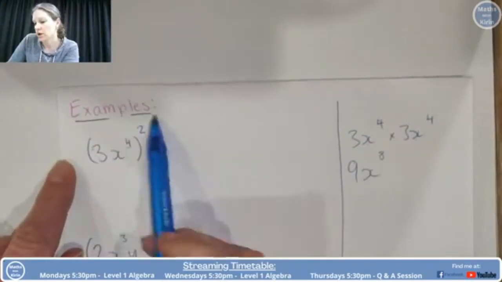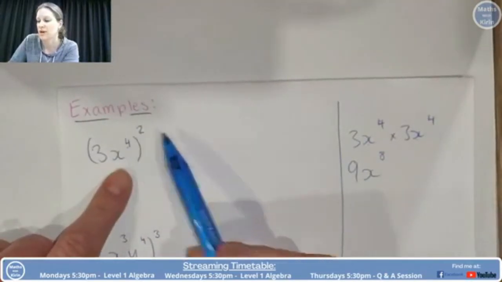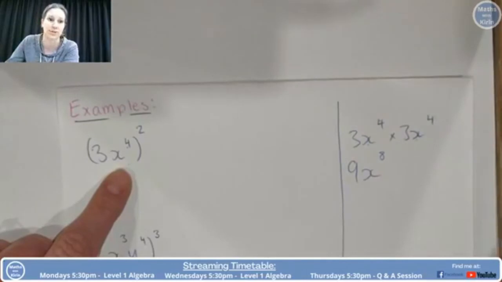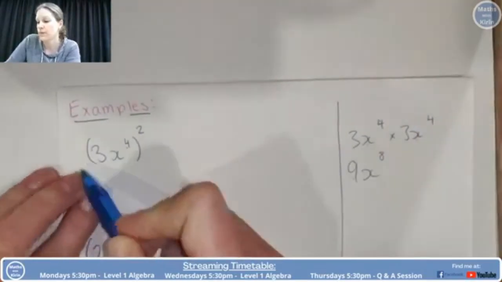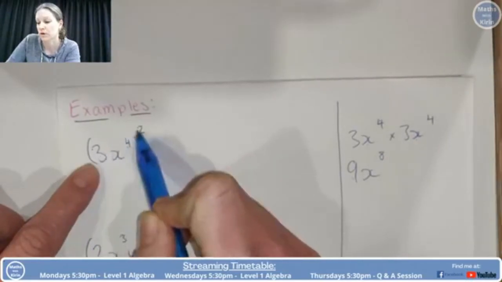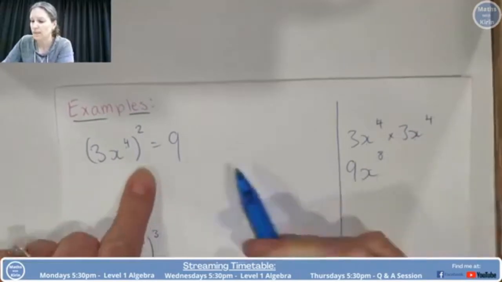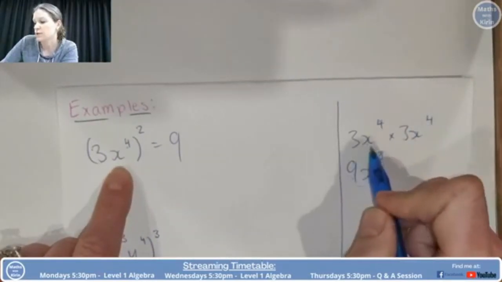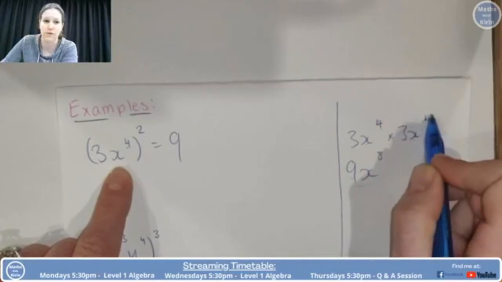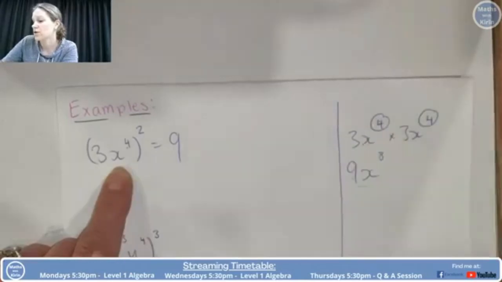When we look at this, we can sort of speed up that process. If this is a really high number, you're not going to want to write this out a huge number of times. So 3 times 3 is where that 9 comes from. That's the same as 3 squared. Okay, so we're going to go 3 squared gives us that 9. And then we've got this x to the power of 8. Well, that's because we have x to the power of 4 times x to the power of 4. And when we're multiplying with our variables, we end up adding those powers.